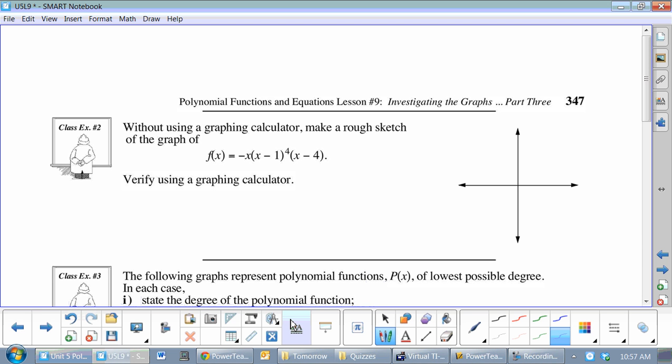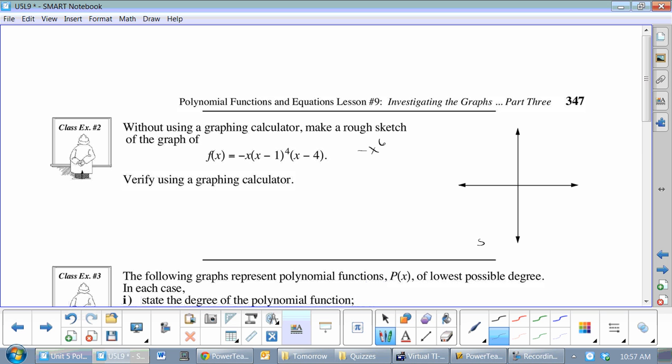Okay? Now this one here, what would be the degree if I multiplied all those out? It would be x to the 6. Now, would this be a positive x to the 6 graph or negative x to the 6? This is a negative x to the 6 graph. Does everybody see that? Where does a negative x to the 6 start? 3.